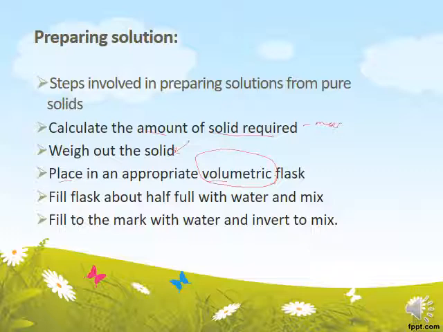Then we fill the flask half full with water and mix. We shake the flask, then fill to the mark with water, and then we invert it up and down to make sure the solution is homogeneous.